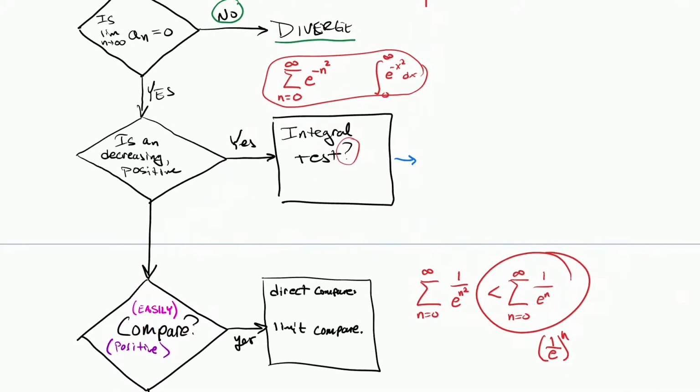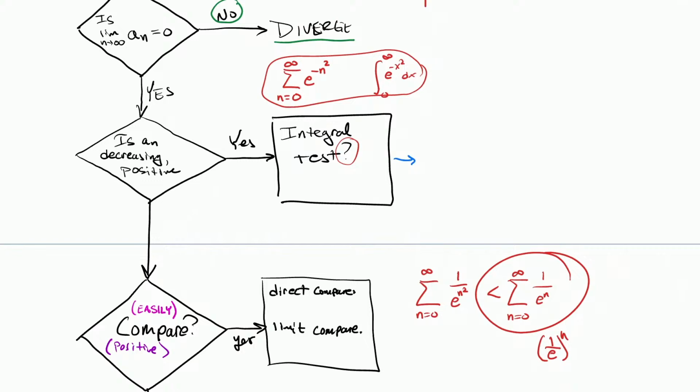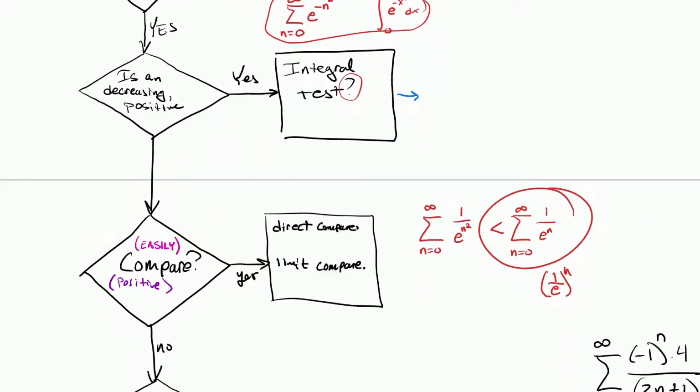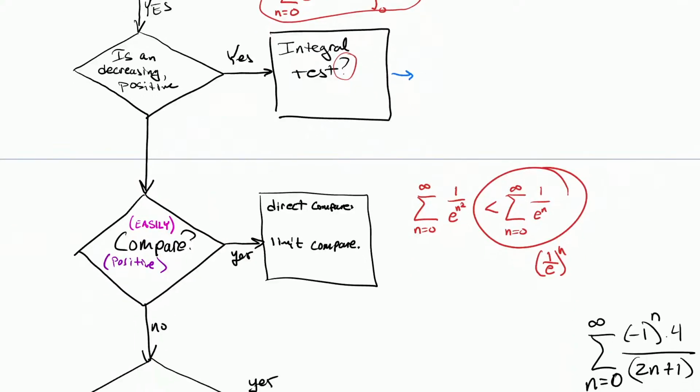So if you have a decreasing positive sequence, then you can use the integral test. But if you're positive, even if you're not decreasing, and you might say, well, if it's not decreasing, isn't it divergent? No. There are examples. I can show you one, not now. I don't want to bore you with it. But anyway, can you compare easily? Then you do that.